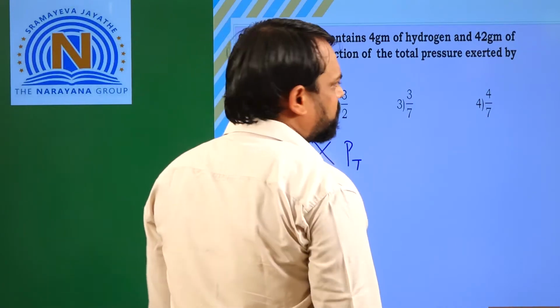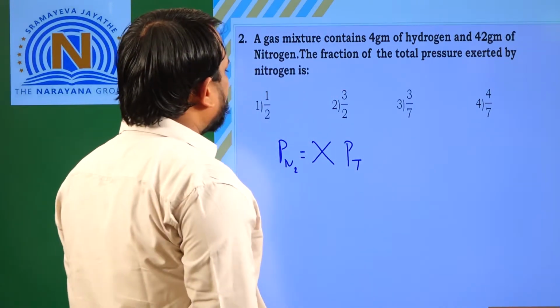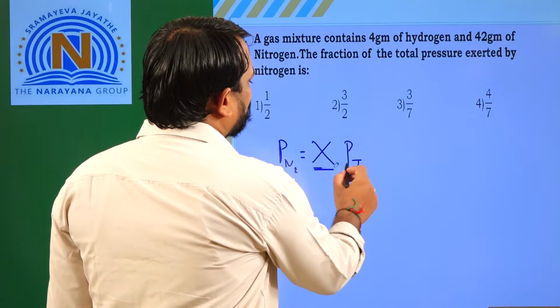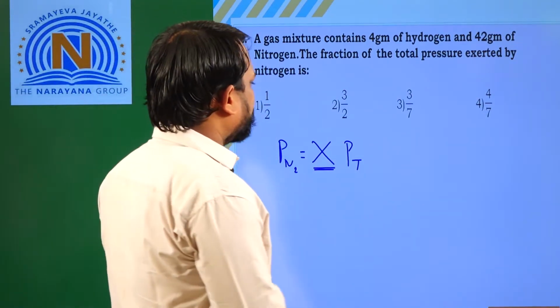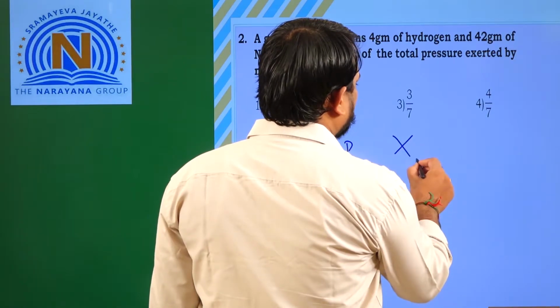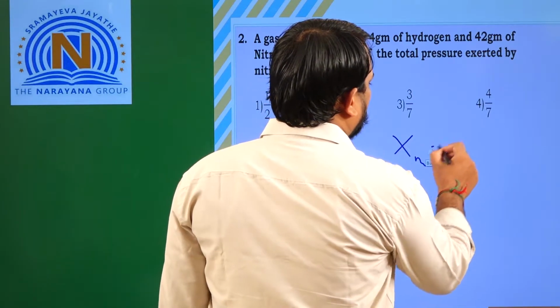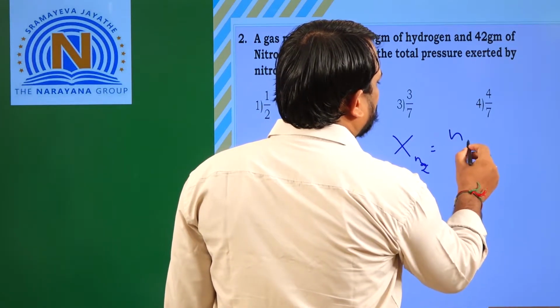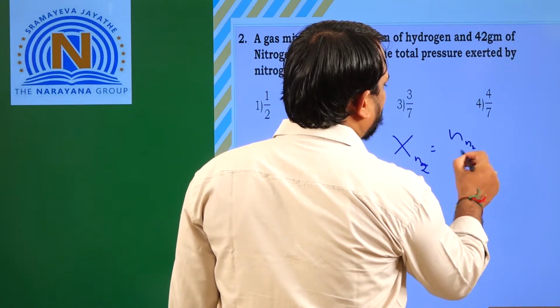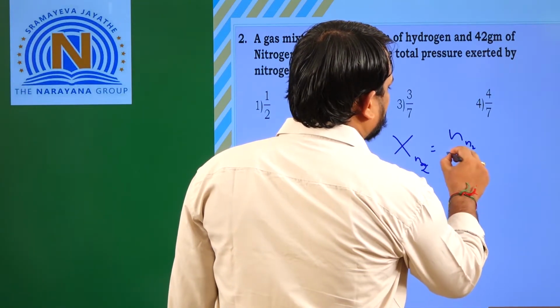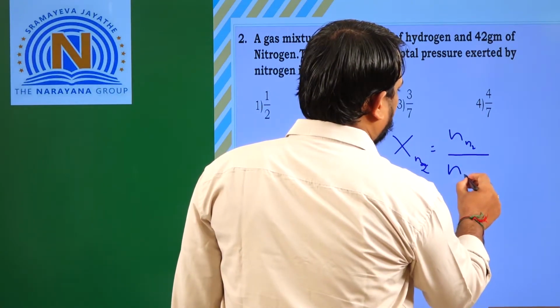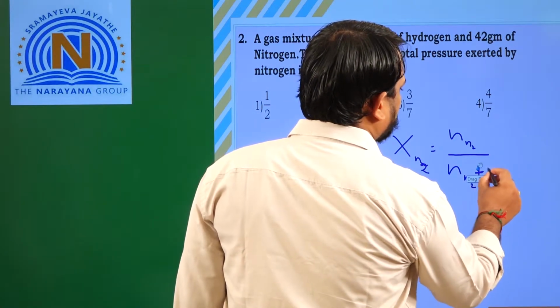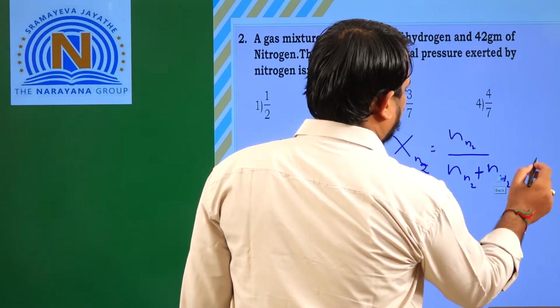That means here we need to find the mole fraction of nitrogen gas. So how to find the mole fraction of nitrogen gas? Number of moles of nitrogen gas divided by number of moles of nitrogen gas plus number of moles of hydrogen gas.